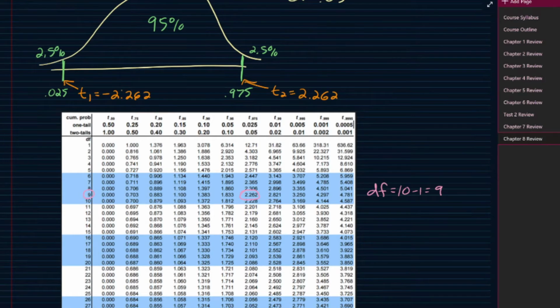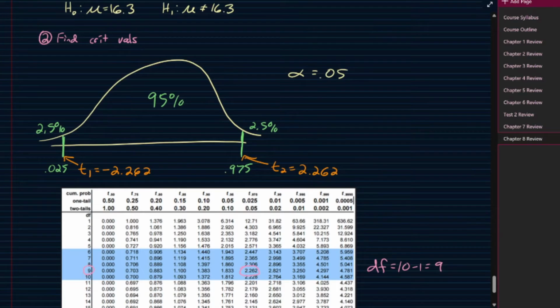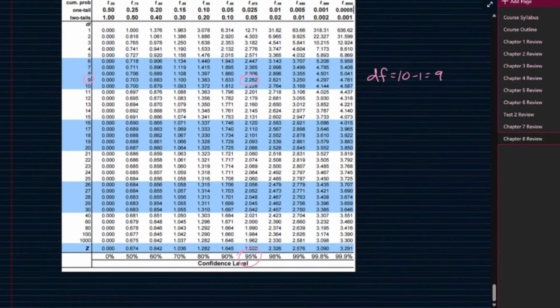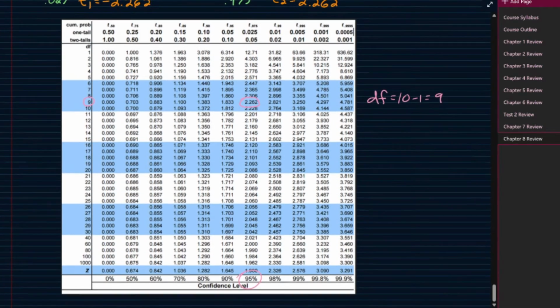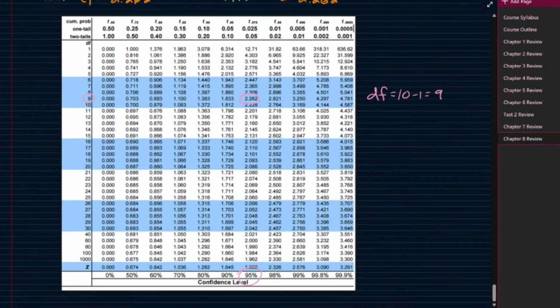Those will represent the boundaries of our critical ranges, I guess. This just happens to be a two-tailed test, right? But we'll look at a one-tailed test as well. So we've got our critical values and critical range.